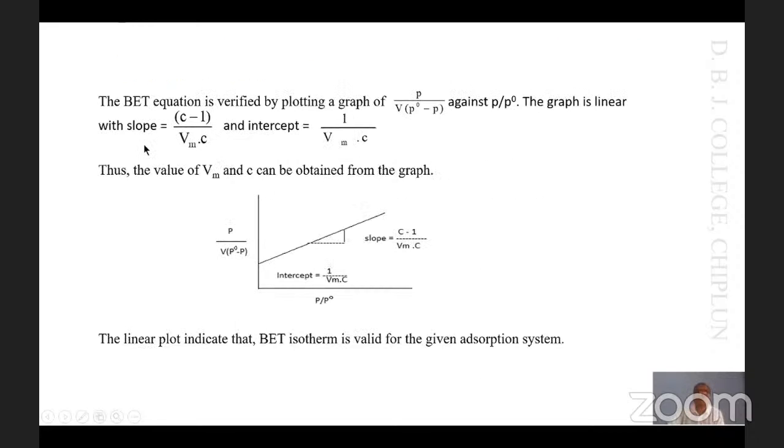The graph is linear with slope (C minus 1) upon Vm into C and intercept 1 upon Vm into C.